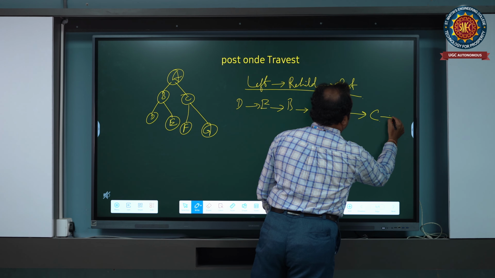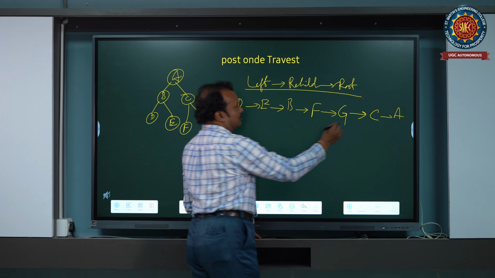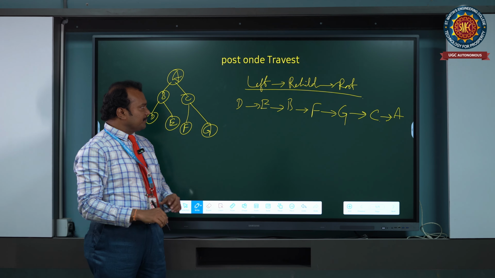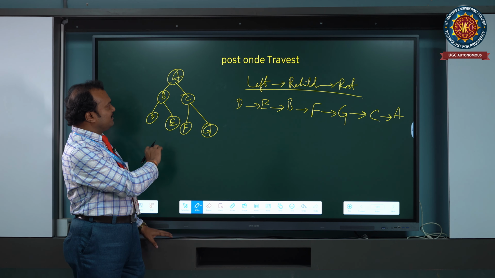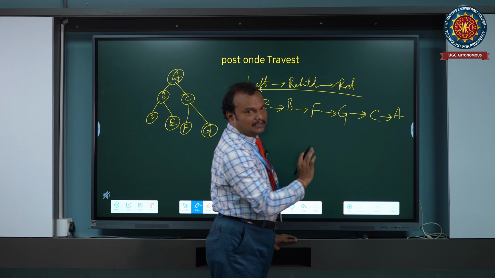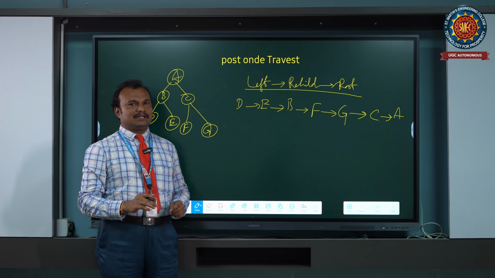So which is A. So now according to the post order traversal, the visiting order of this tree will be D, E, B, F, G, C and A. So these all come under depth first search traversal techniques.